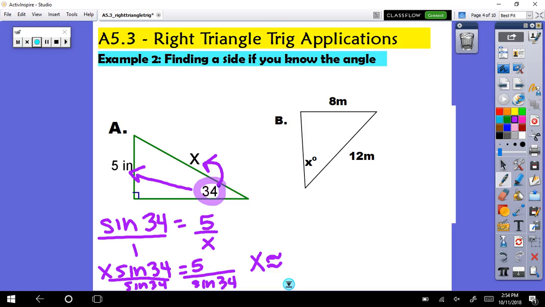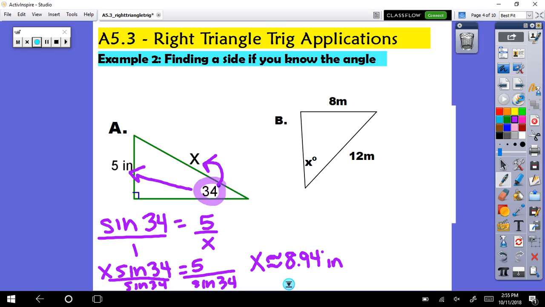And punch that in. So I got 8.94 inches.